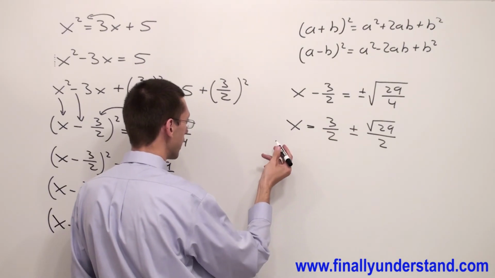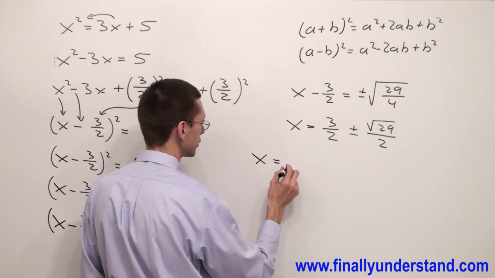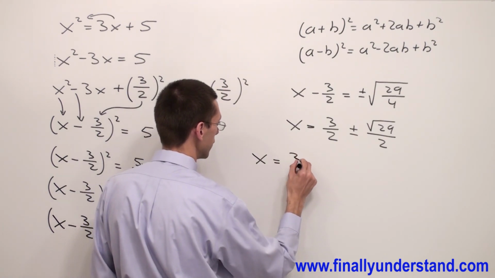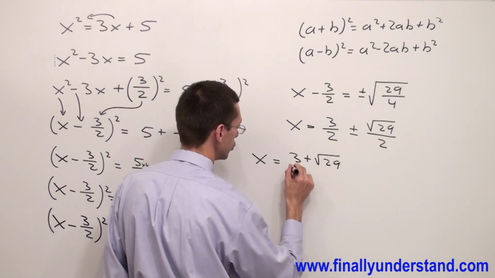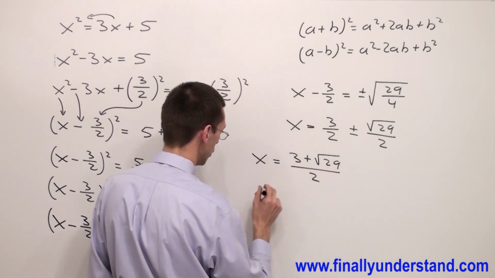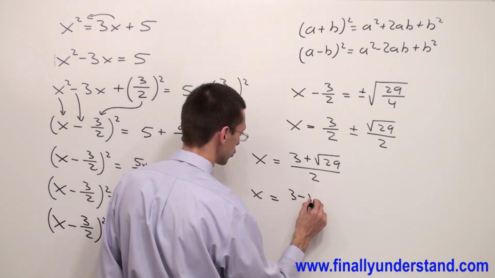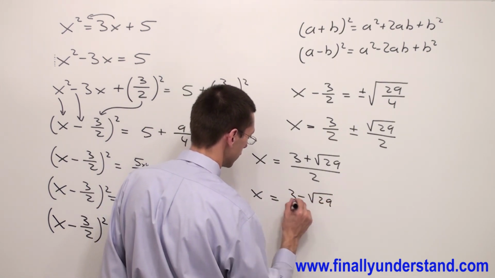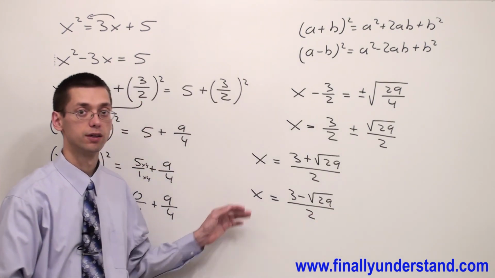And you can rewrite your answer like x equals 3 plus square root of 29 over 2, or x equals 3 minus square root of 29 over 2. And these are the solutions to my problem.